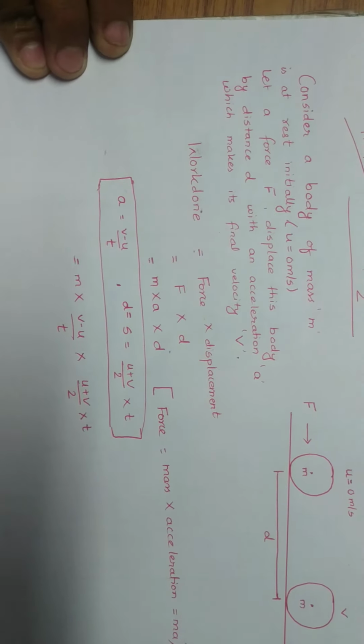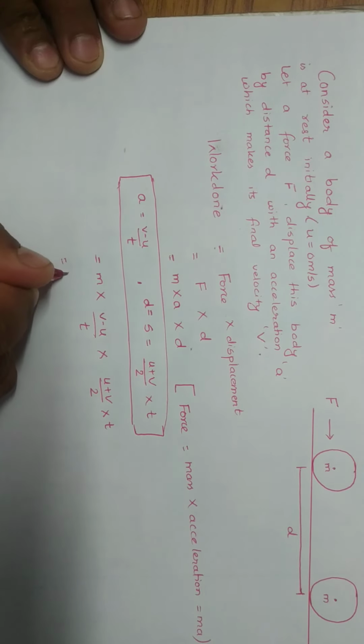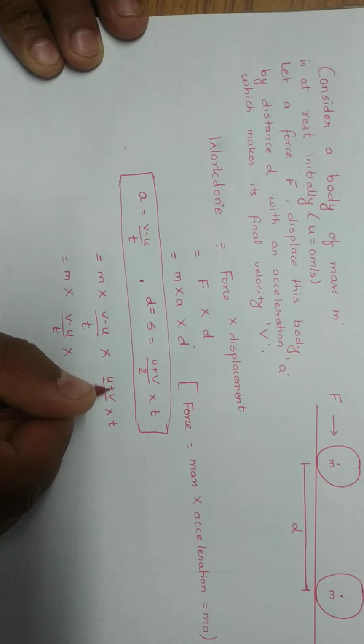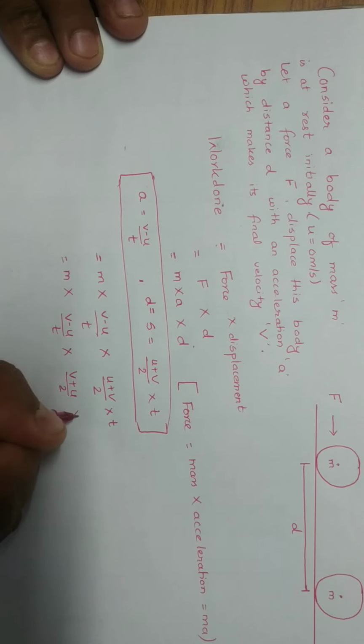Let's move on a little bit. Now look at this. m, when we multiply this, let's arrange this first: v minus u by t into, let's bring the v in the front because that changes into a formula later on, v plus u by 2 into t.